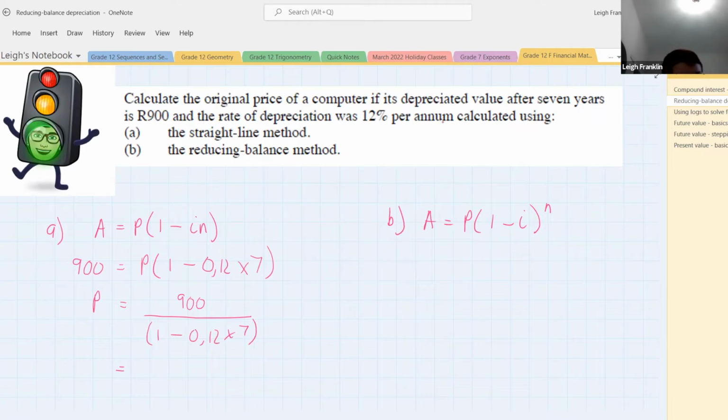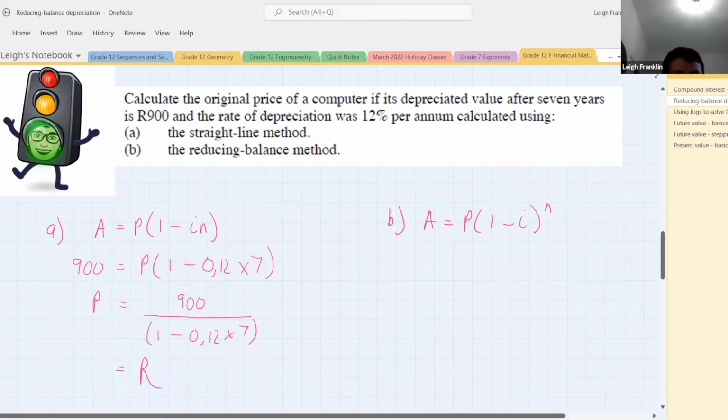And we can work out what our answer is. You guys are welcome to share answers on the group. That would be great. What are you getting? Let's have a look. Please share your answers on the group once you've got one.